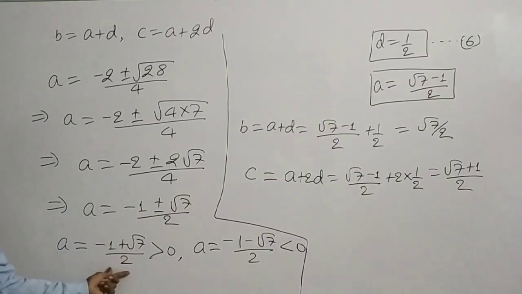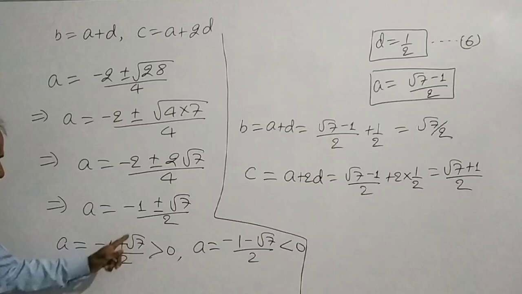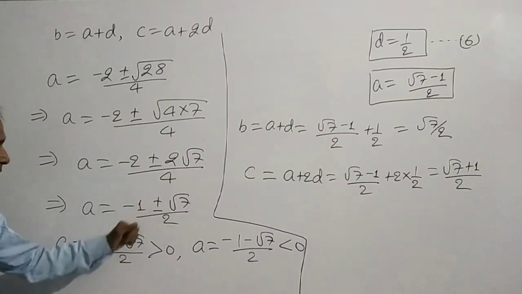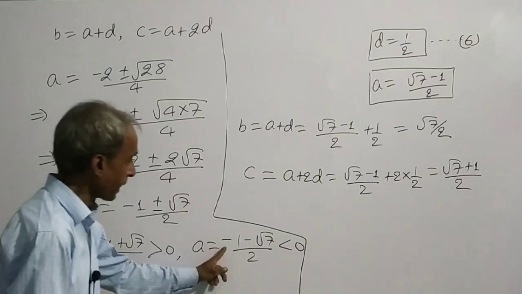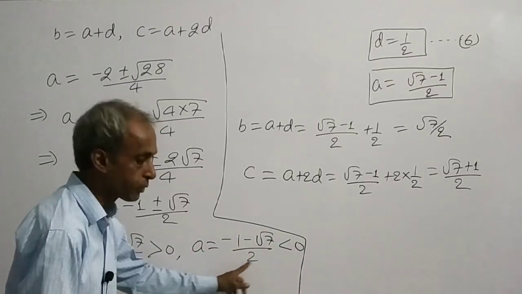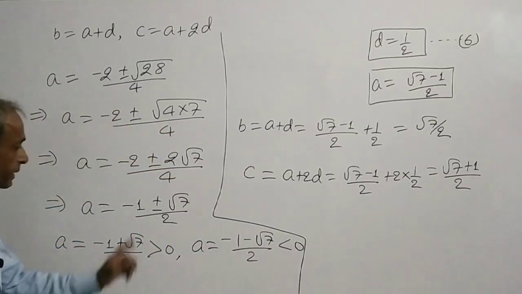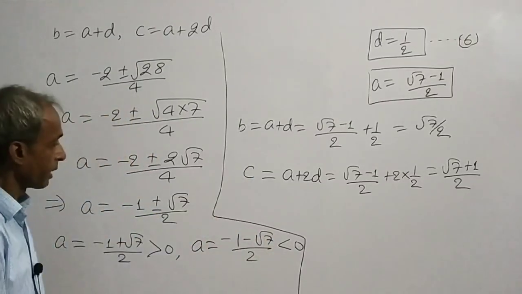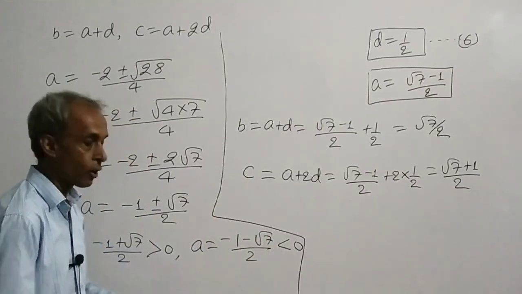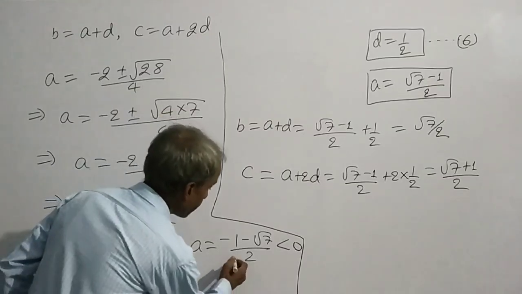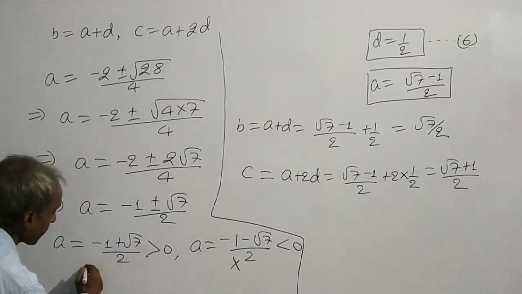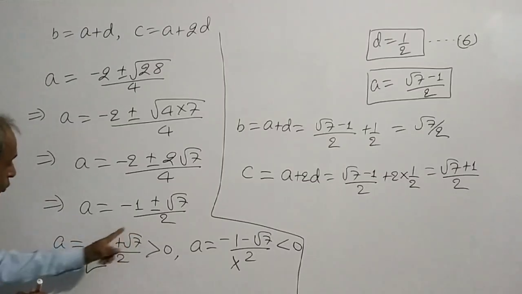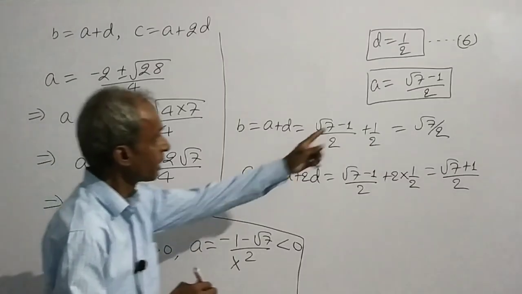Taking the plus sign, minus 1 plus root 7 by 2 is positive. Taking the minus sign, minus 1 minus root 7 by 2 is negative. But a is a side length of a triangle. Therefore, a cannot be negative. We will reject this value and accept this value. That means a is equal to root 7 minus 1 by 2.